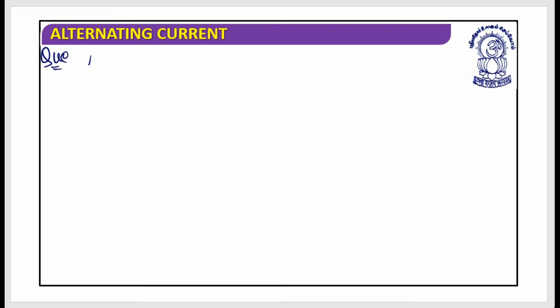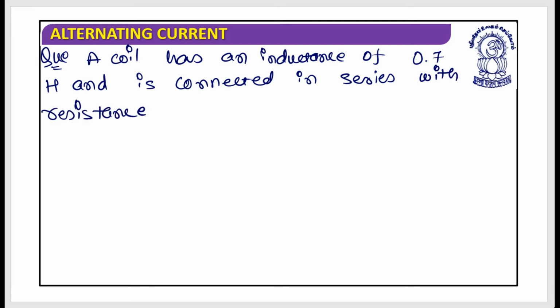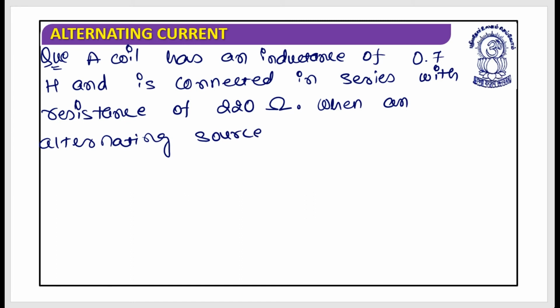The question says that a coil has an inductance of 0.7 Henry and is connected in series with a resistance of 220 ohm, when an alternating source of 220 volt at 50 cps is applied to it.